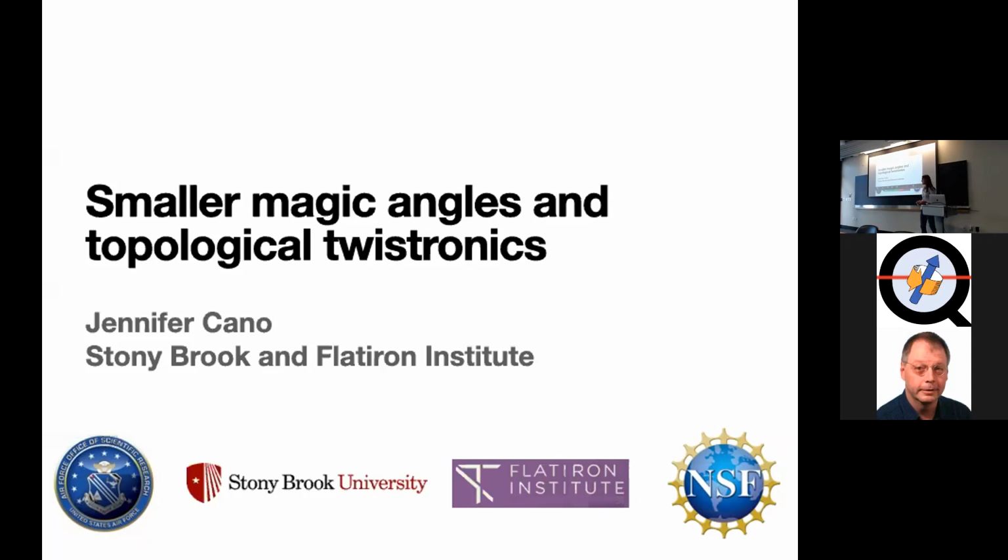And then in the second half of the talk, we'll switch gears and discuss some extensions of the twisted materials, which is what happens if we apply a superlattice potential to the surface of a topological insulator, and see if we can transfer the physics that we see in twisted bilayer graphene to 2D Dirac cones, the Dirac cones that are on the surface of 3D topological materials. So those are the two things that I'm going to try to talk about.